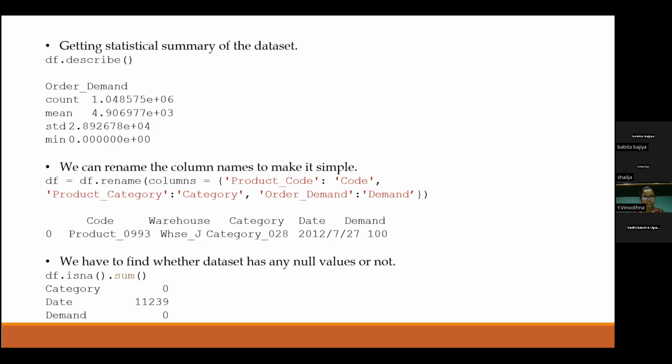To find whether the dataset has null values or not, we can use the isNull method, so that we can find whether any column has any null values. Now, by using the isNull method, I am able to find that the date column has 11,239 null values, nothing but some data is not recorded in the date column. So I have to handle this null data. Now we will see this in the demonstration.